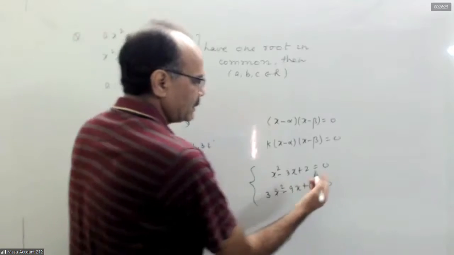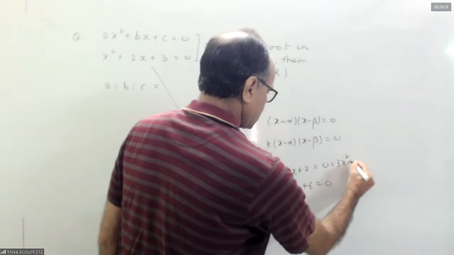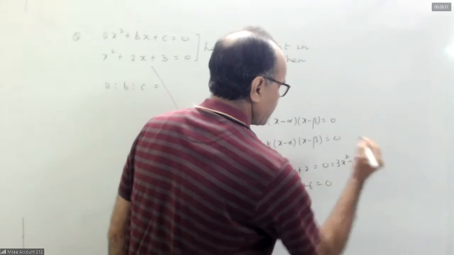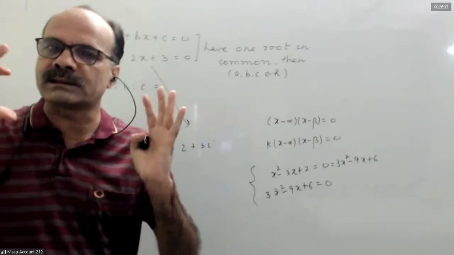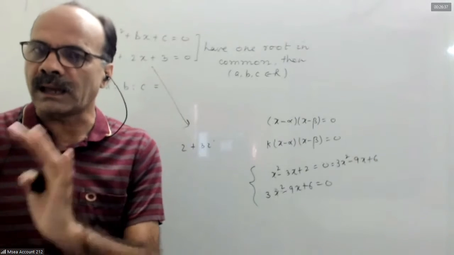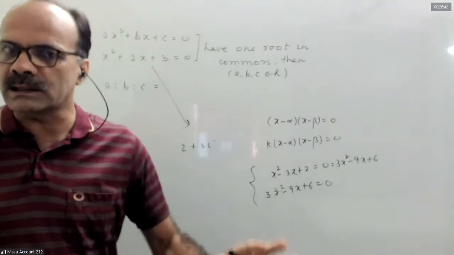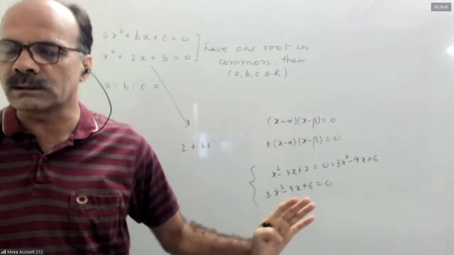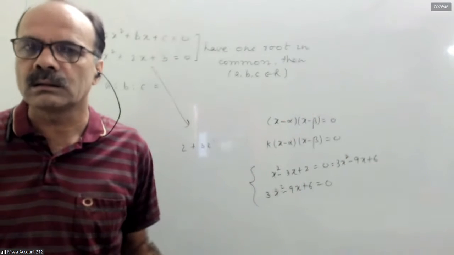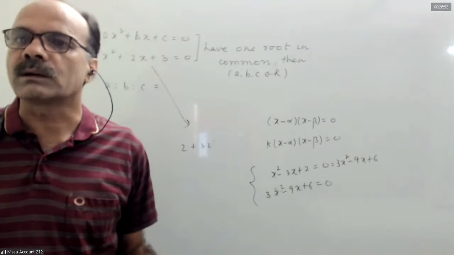If same equation, roots are same, 3x square minus 9x plus 6. If any two quadratic equations have common roots, both the roots are common. The only condition is that coefficients must be proportional. What is the condition?